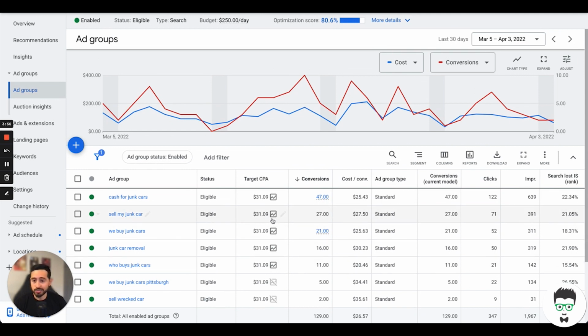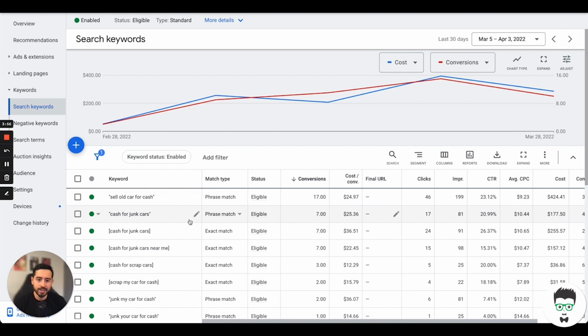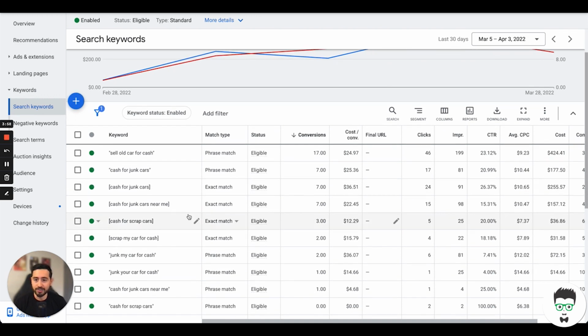So as we dive deeper into the keywords, I'll just point out what the cash for junk cars keywords look like. So here it is. If you see here at the top, the bigger drivers are sell old car for cash, cash for junk cars. Then we have cash for junk cars exact match. I'll go into more depth on how we use match types.